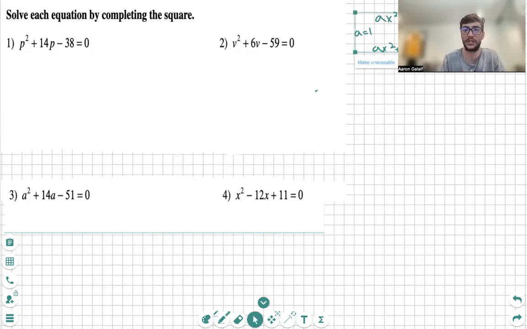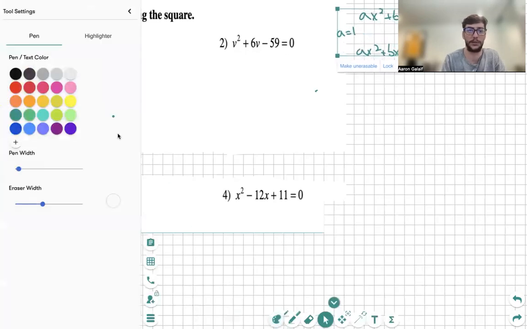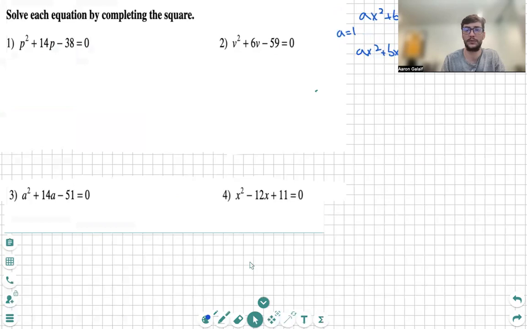Let's also change this color, make it a little bigger. Let's change this color to blue. Okay. So what I notice here is, first thing we do is check A equal to 1. Yes, the number in front of the p squared, the coefficient, is a 1. So A is equal to 1.